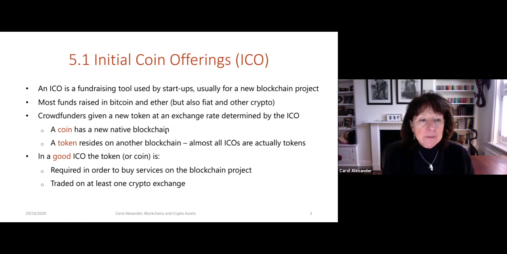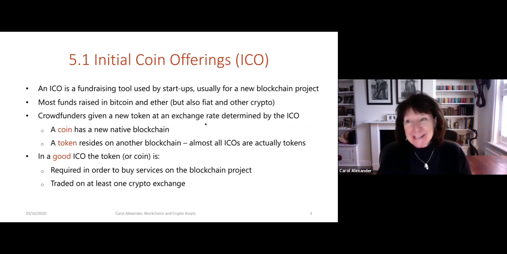So what's the difference between a coin and a token? A coin has its own new native blockchain, like EOS, for example. A token resides on another blockchain, like Tether, for example. In fact, Tether, we'll talk about in the next lecture, is everywhere. It's basically the digital dollar without any proper collateralization, it seems. Anyway, that's next lecture.